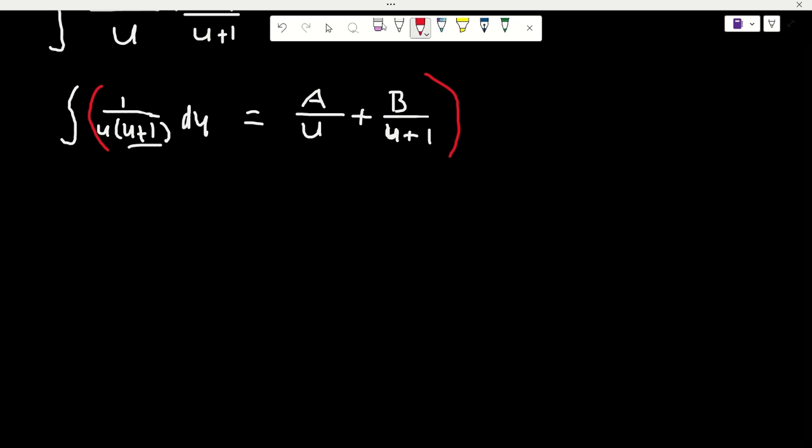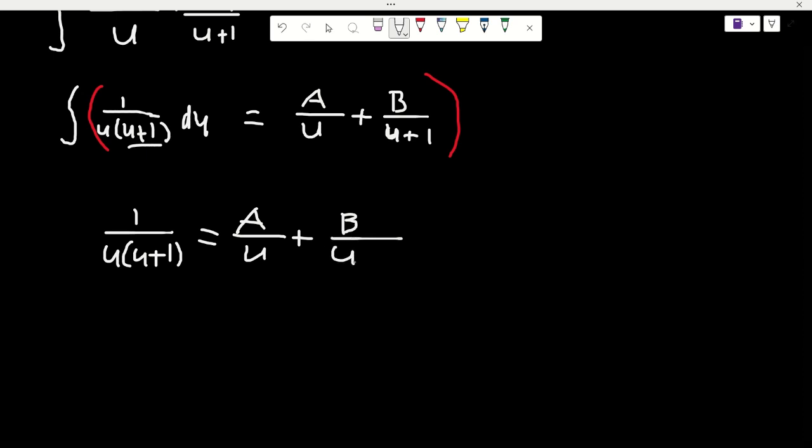Let us write it here to make it clear. They are equal.